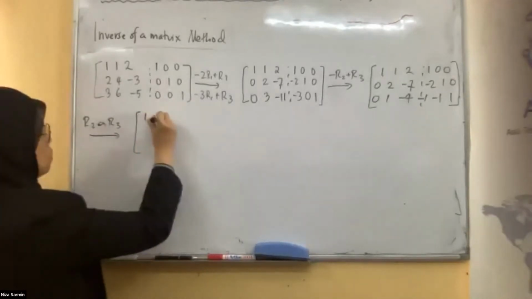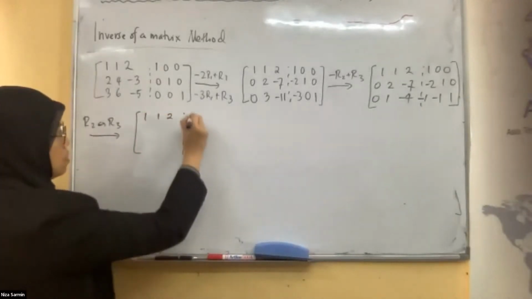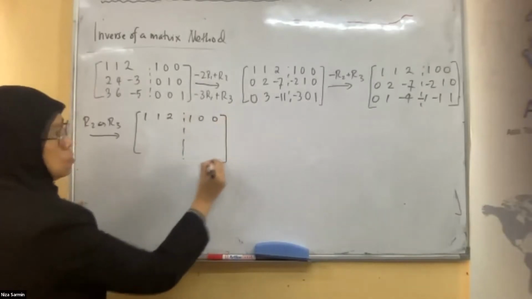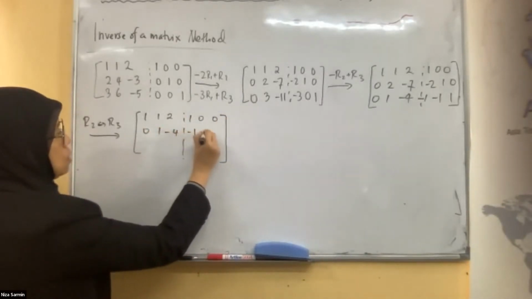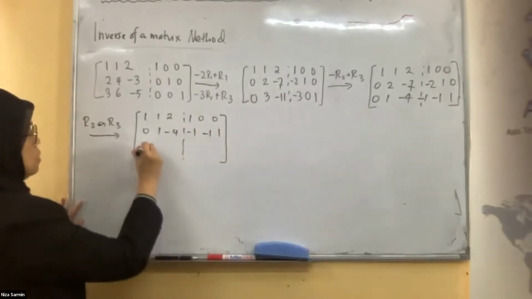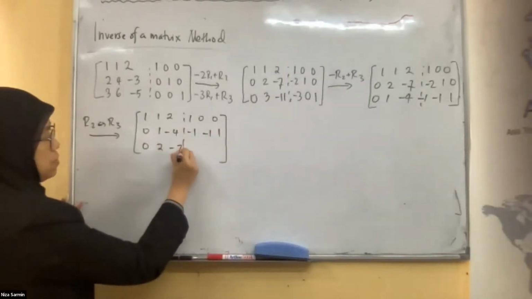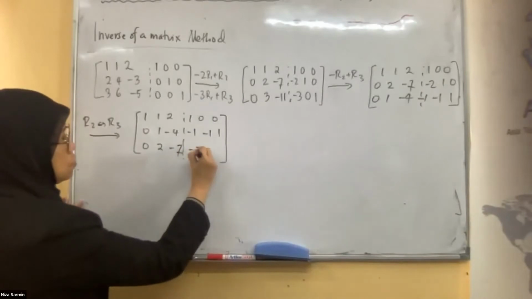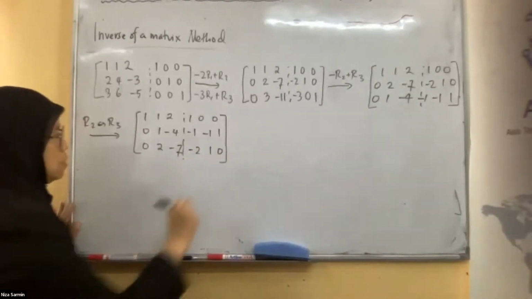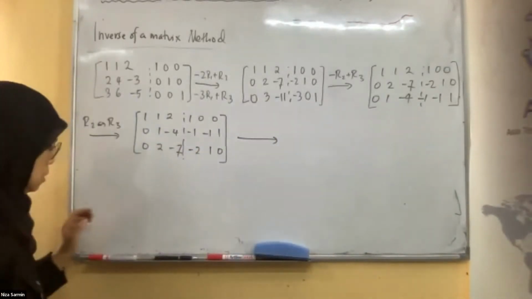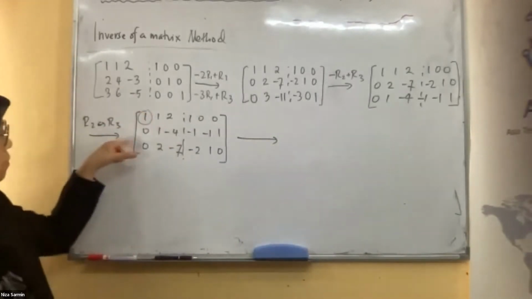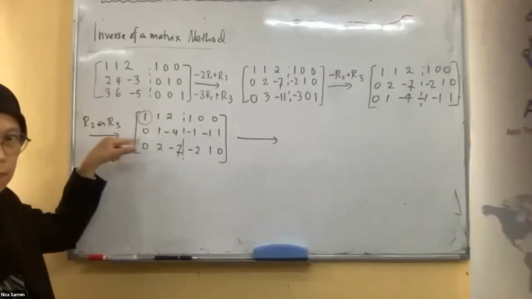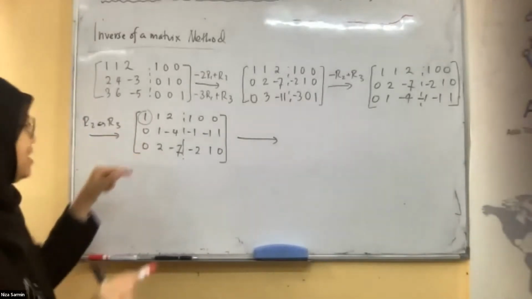So we get 1, 1, 2, 1, 0, 0; 0, 1, negative 4, negative 1, negative 1, 1; 0, 2, negative 7, negative 2, 1, 0. Okay, so now this is done, and everything else underneath is already 0.